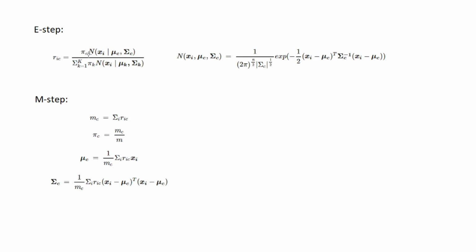Then we can encode it in this parameter pi c. Or in most cases, maybe we don't know this, and then we will just initialize it as 1 divided by the number of clusters. So we say it's equally likely that this point is coming from that cluster and that cluster. So in this case, this value would be initialized to 1/2.